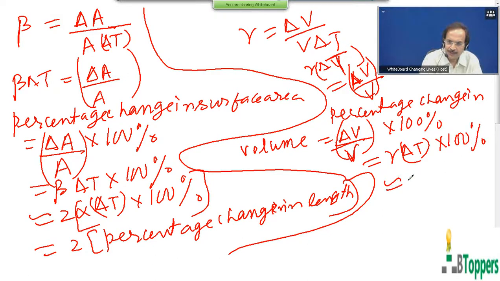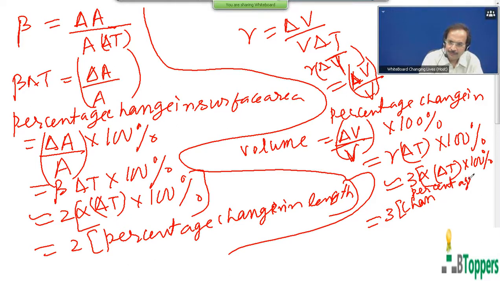So gamma can be nearly written as 3 alpha. So 3 alpha into delta T into 100% is 3 times the percentage change in the linear dimensions. So the percentage change in the volume of the solid is 3 times the percentage change in length.